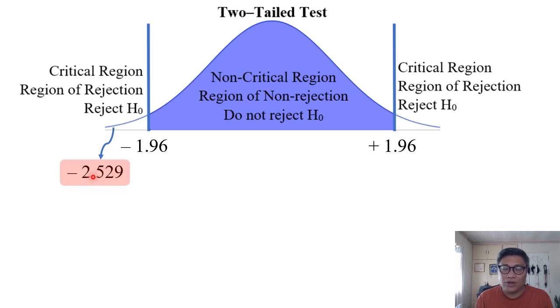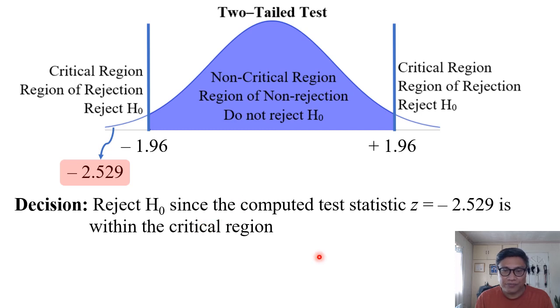This is what we solved earlier, and it is found less than negative 1.96. So we can now see our decision right away that we have to reject our null hypothesis. Because we reject our null hypothesis based on our computed z-value, our conclusion, class, will be the statement in the alternative hypothesis, which is the claim.